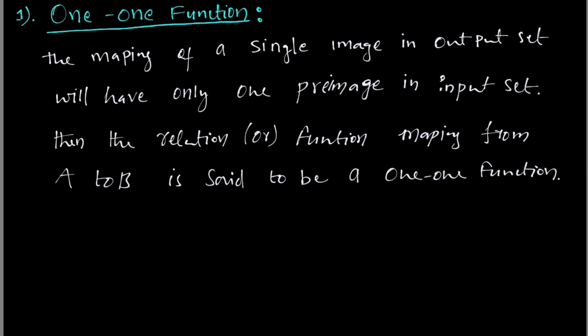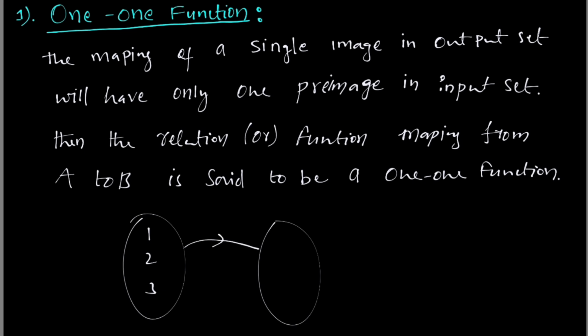For example, one value of input is having only one solution. Let's say f of x is equal to x square plus 2. So I'm writing its values as 3, then 6, and then 11.